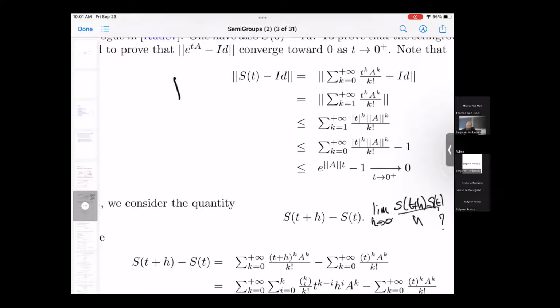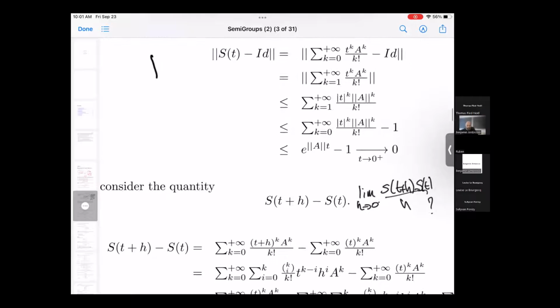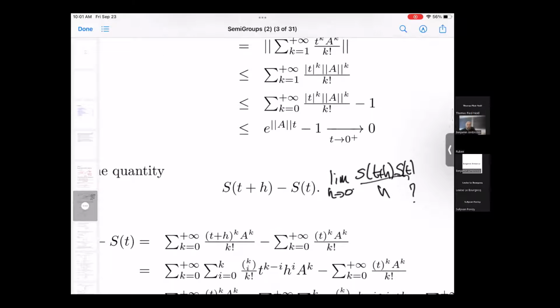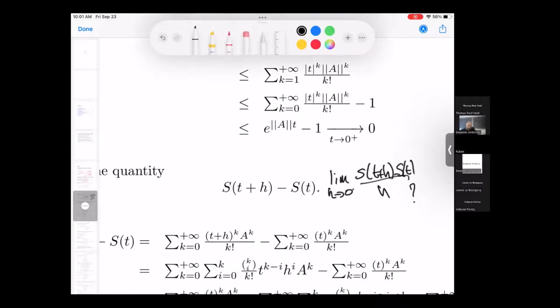If I do the computation, I just apply the definition with the series, and then I use the formula of Newton, and now what I'm going to do here is to look at the case i equals 0 specifically, right?